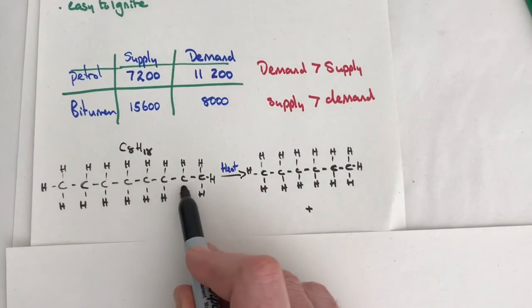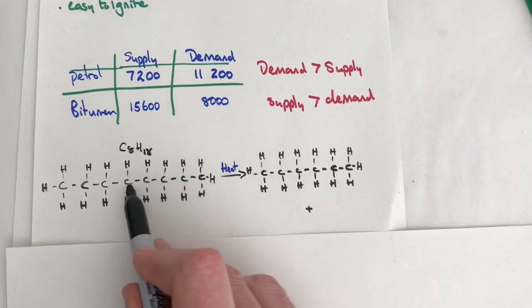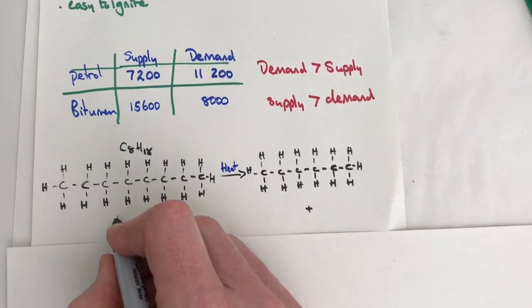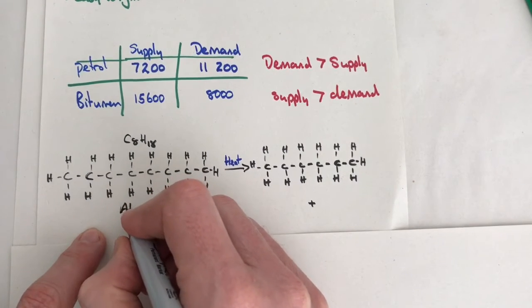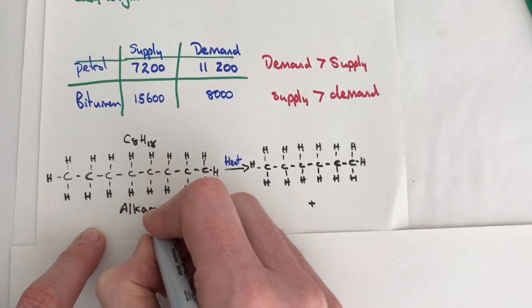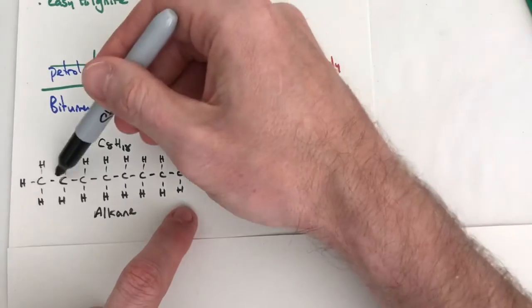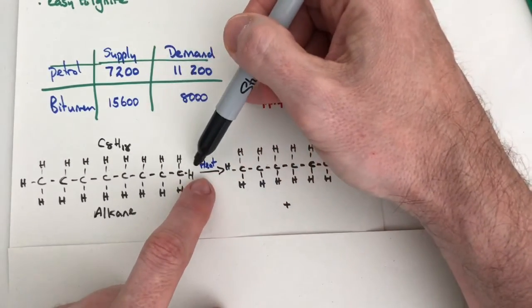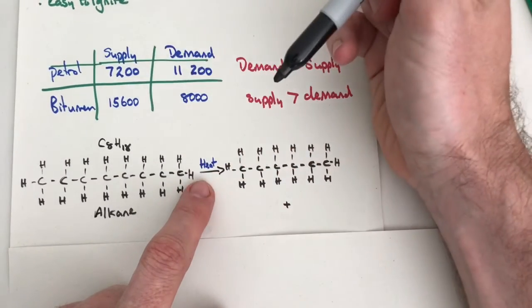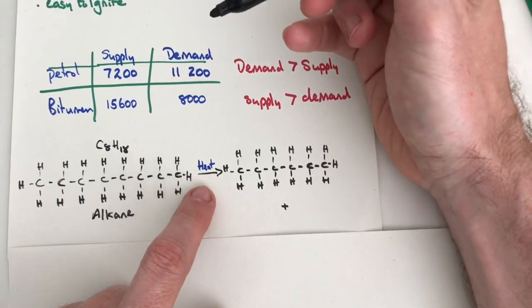This contains all single carbon-carbon bonds. So this is saturated and it is an alkane because it's saturated. And if we heat up this long hydrocarbon, then the heat will cause this to break down into a smaller hydrocarbon chain.